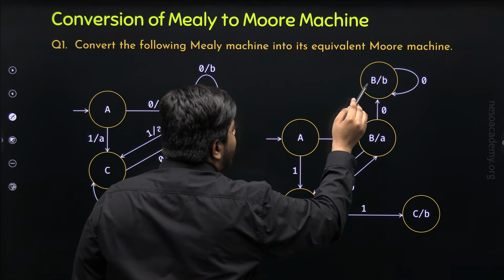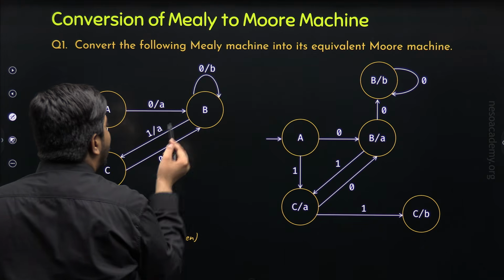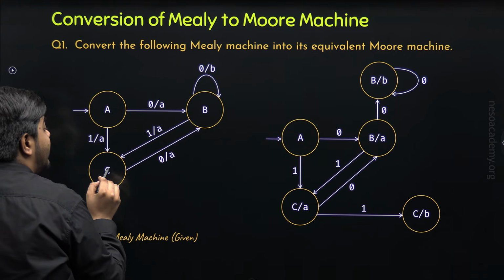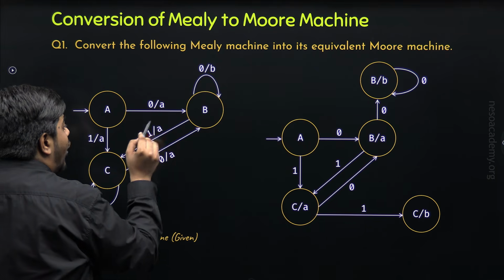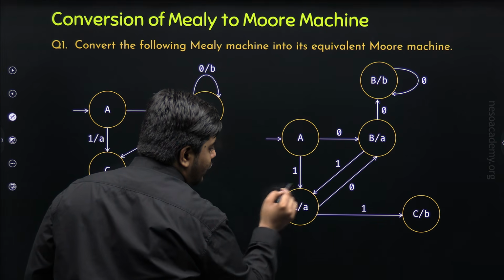Now, what will be B on input symbol 1? So B, on input symbol 1, we will reach the state C, but we will reach that C having output symbol A. So C having output symbol A is this particular state.